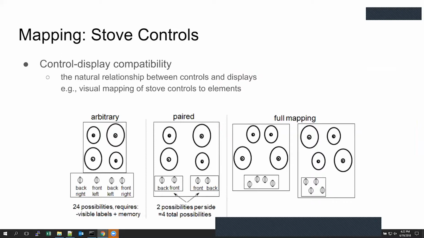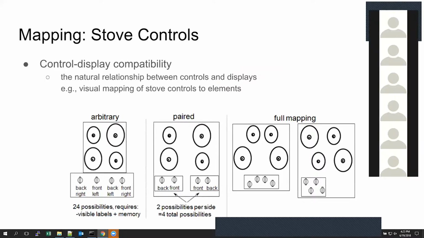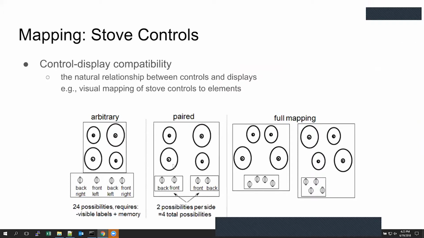Another topic is the idea of mapping, which is the relationships between objects. My example here at the bottom of the screen is that we have various layouts of a stovetop. On the bottom left-hand corner, we have a very poor design where the mapping is incorrect.